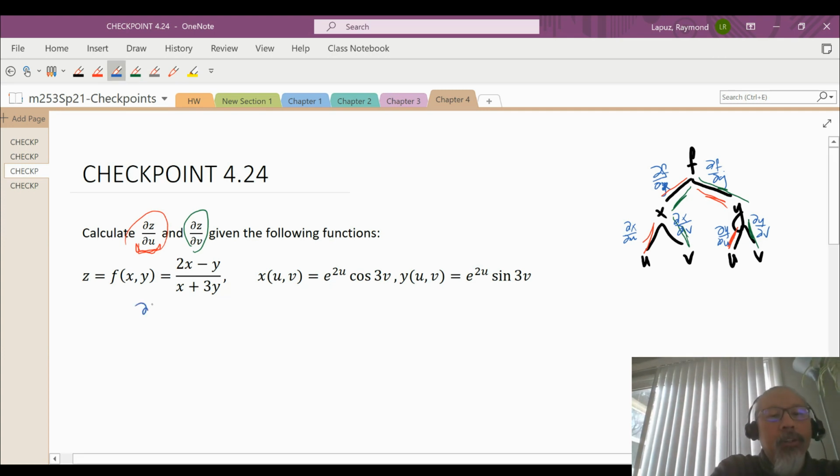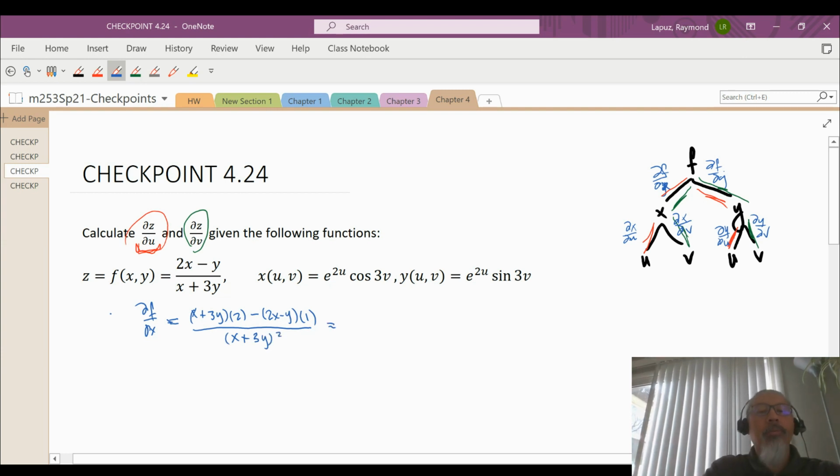Let's find the partial of f with respect to x first. That is going to be the derivative of a quotient. So that's going to be low d high with respect to x minus high d low, again with respect to x, divided by low squared.